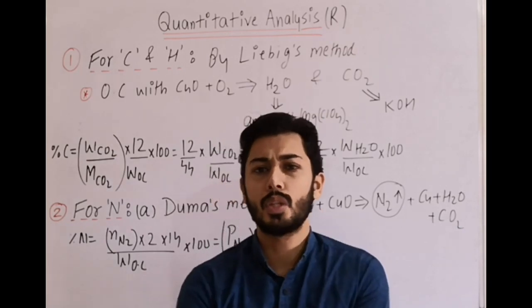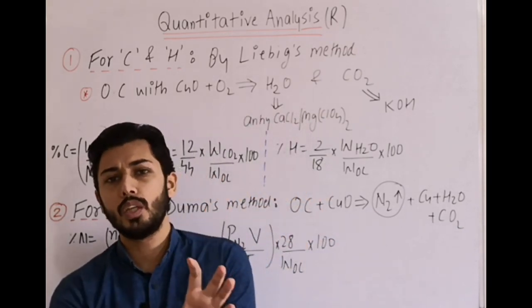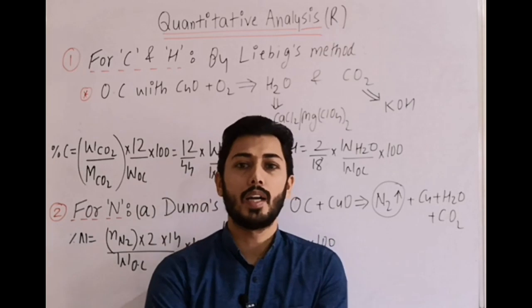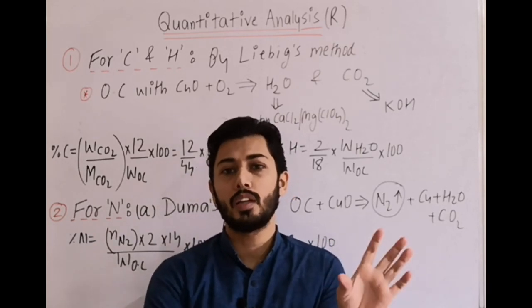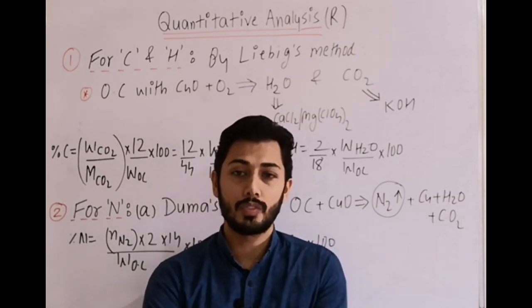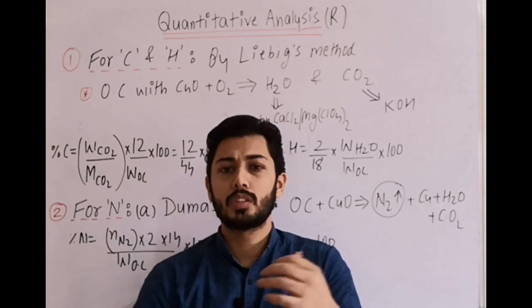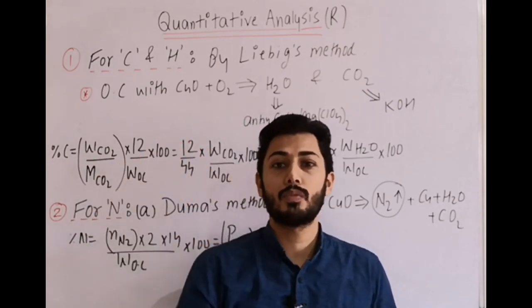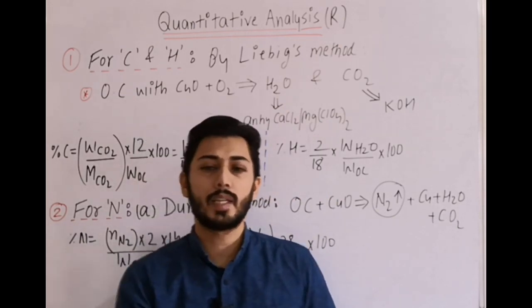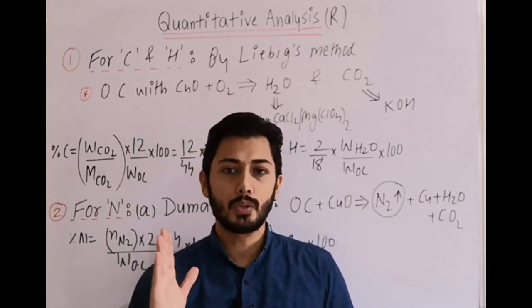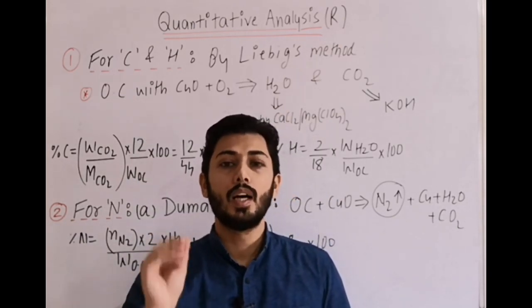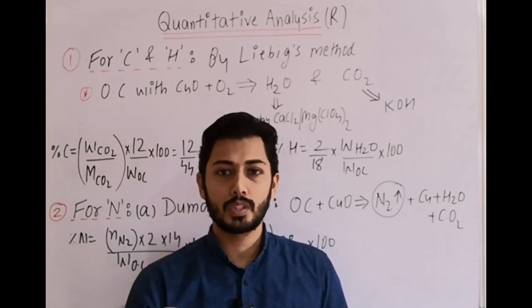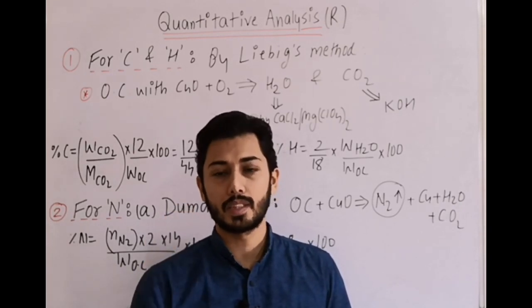Okay, it's a revision topic, so we should focus only on the most relevant part of the estimation of the element, because this is a purely experimental thing, the complete setup and colorful diagrams are given, you can go through that part, but at the end you should utilize the time in solving the types of questions that are useful for the final exam.